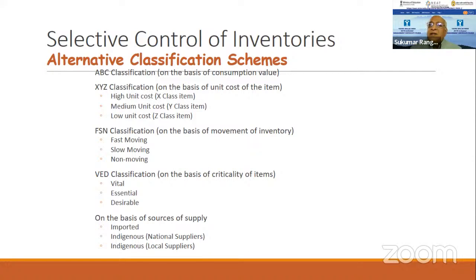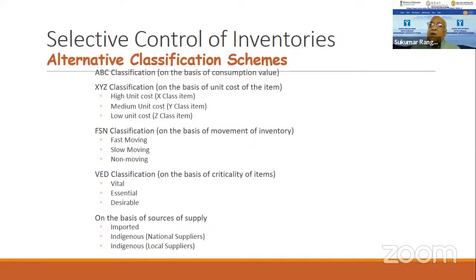Like in our case, we had a few items which had to be imported necessarily, which are not available locally. We used to have this classification: imported, indigenous national supplier, and indigenous local suppliers. Packing materials and many parts used to come from local suppliers.